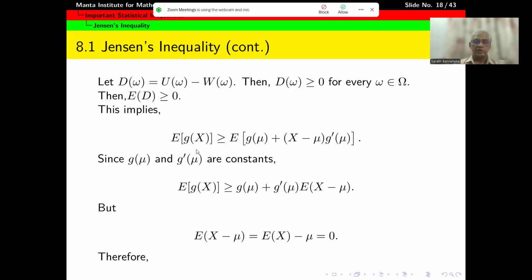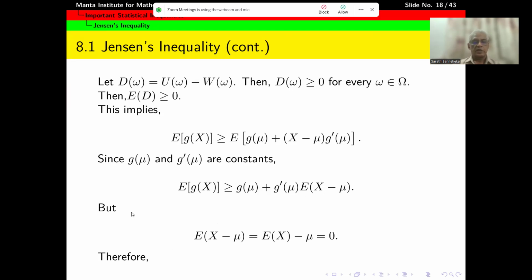So the left hand side stays the same, but the right hand side becomes g of mu plus this constant times the expected value of x minus mu. But mu was the expected value of x. We selected mu to be the expected value of x. So therefore, this part will be 0. So this whole thing will be 0.